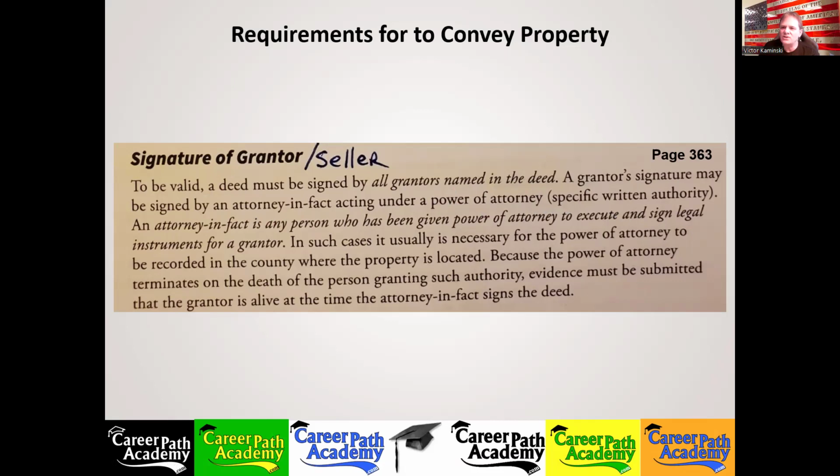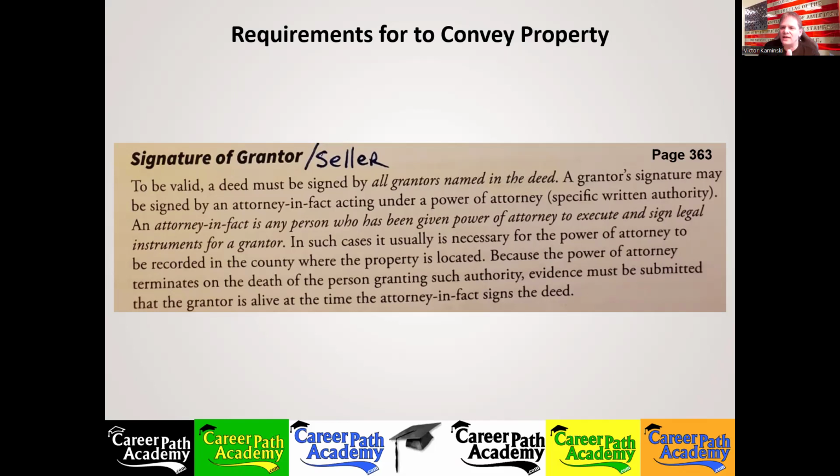That could be an indication that there's a cloud on the title, that there was an improper transfer of ownership because somebody other than the seller actually signed the deed. This is why it's very important that if a seller gives somebody the power of attorney to sign the deed on their behalf, they also need to record the power of attorney in the public records, as well as an acknowledgement after the date that was signed.